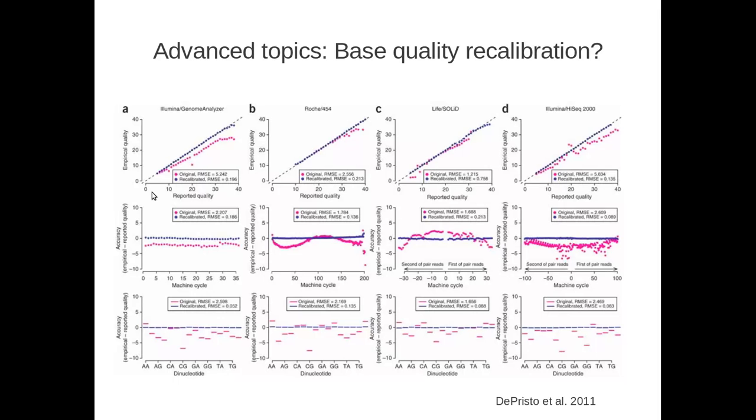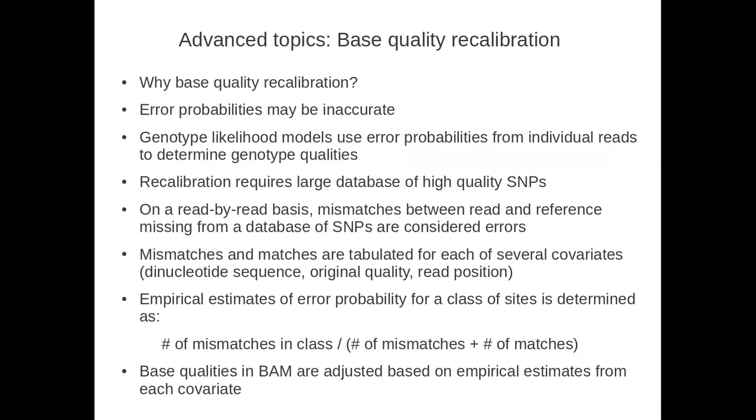Too much confidence can lead you to incorrectly infer that a SNP is there when in fact it's not, because a base is in error but you don't think it's an error simply because the error probability is low, as predicted by the algorithms from each of these individual sequencing companies. So that's a long way of saying that we need to do base quality recalibration.